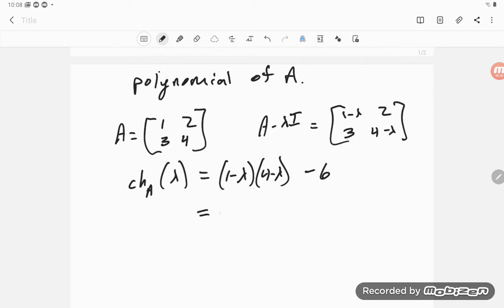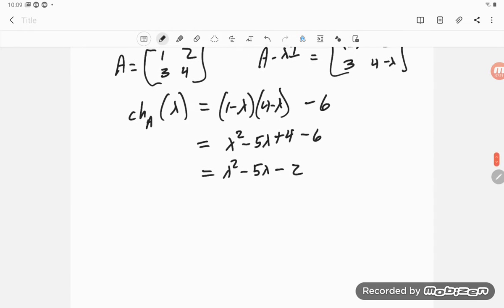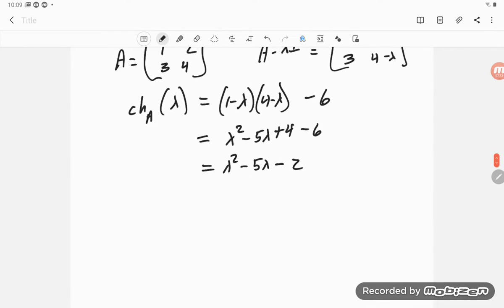So that is lambda squared minus 5 lambda plus 4 minus 6, so lambda squared minus 5 lambda minus 2.